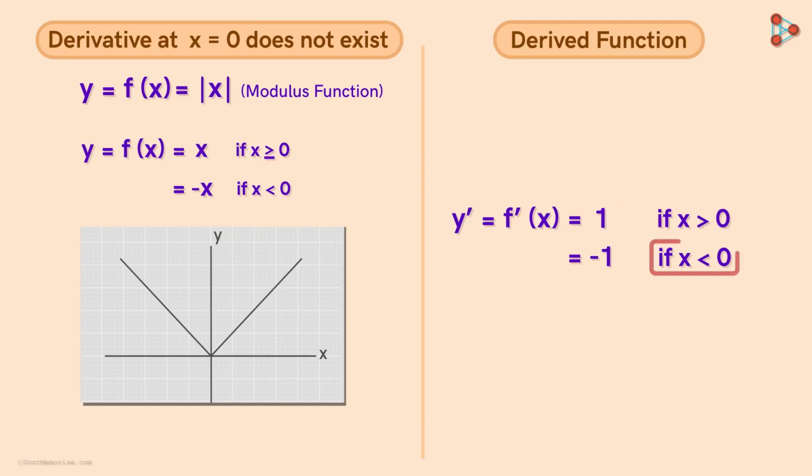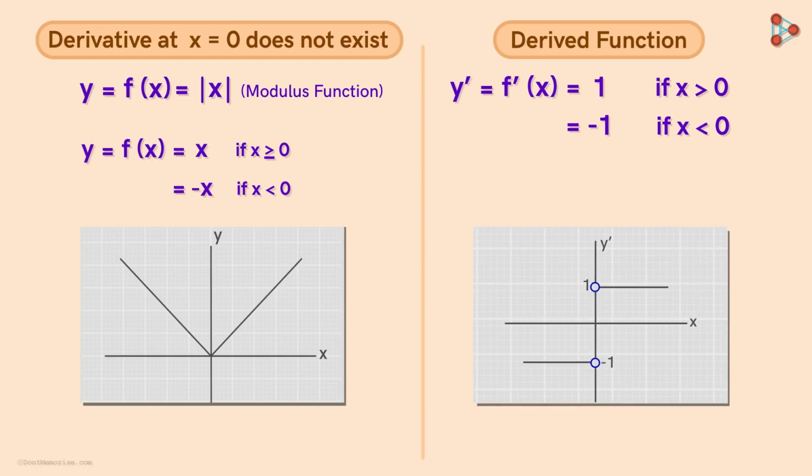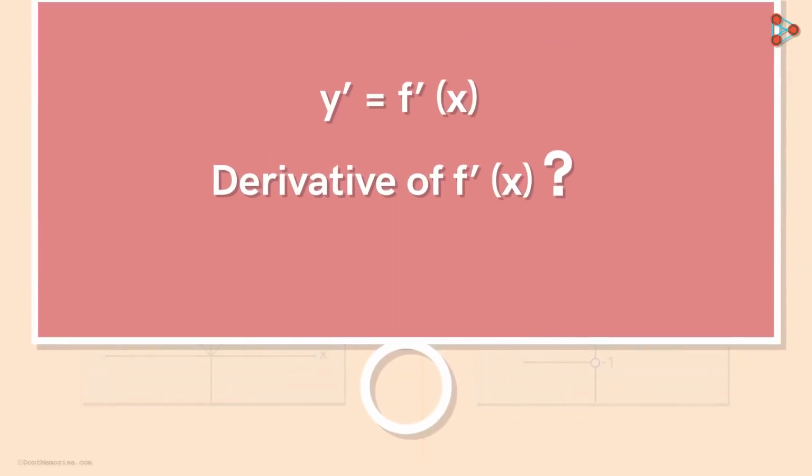And for x less than 0, we will get the derivative to be constant at a value of negative 1. Its graph will look like this. So we see that for this derived function, x equal to 0 will not be in its domain. But now notice that f prime is a function. So can we differentiate this derived function too? What does this mean? Let's find this out in the next part.